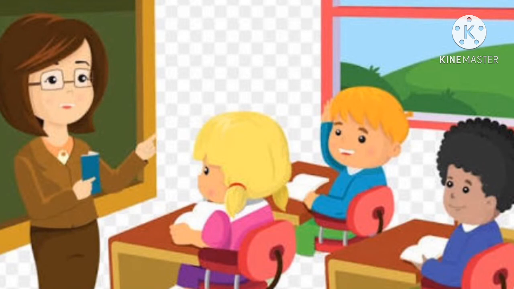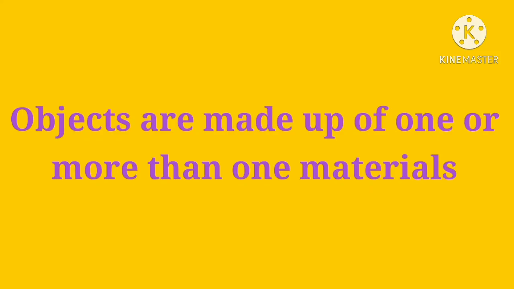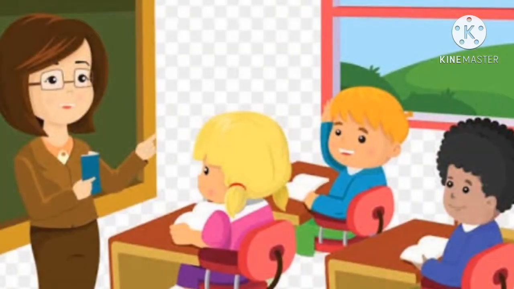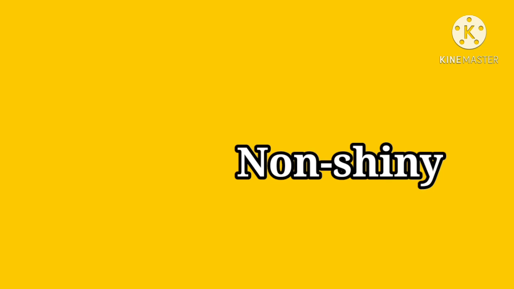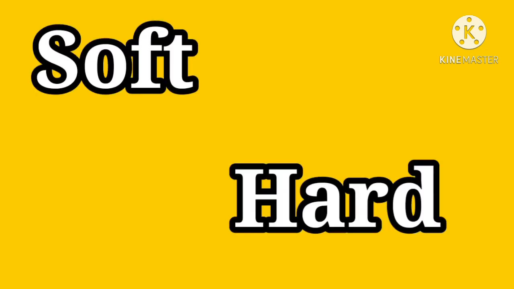Children, we learnt what are objects and what are materials. And we understood that objects are made up of one or more than one materials. Children, these materials differ in their properties. Some are shiny, some materials are non-shiny, some materials are soft and some are hard.